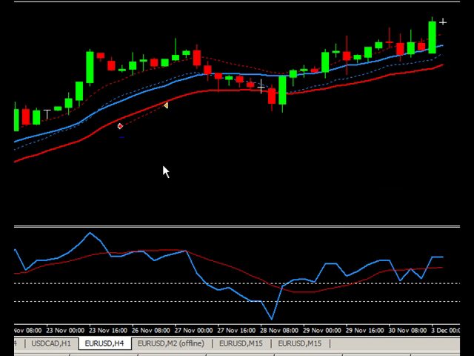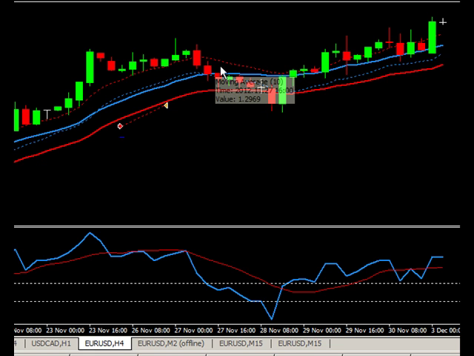So the basis of it is I want to see the pullback come back and touch and ideally close below the red line. So this is just for a long. Reverse everything I'm saying for a short, obviously. So I'm just going to go through the long example here.